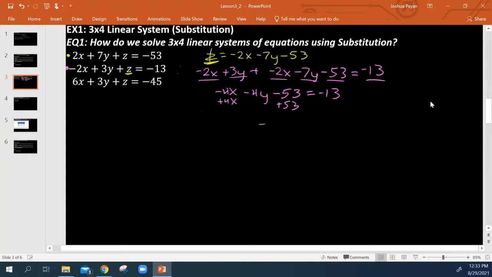That's going to leave me with negative 4y is equal to, so negative 13 plus 53, that would combine into positive 40 and plus 4x. I can divide everything by negative 4. Does everyone see that? So I can divide everything by negative 4, so y is going to be equal to negative 10 minus x. So now I know what y is, right?